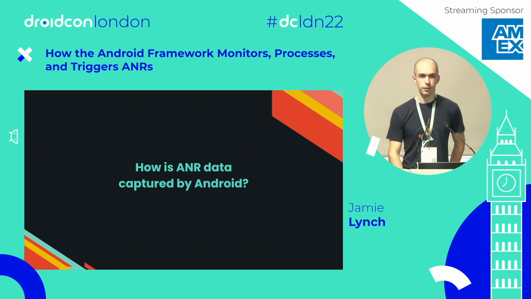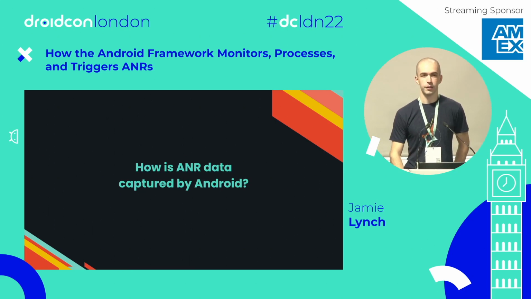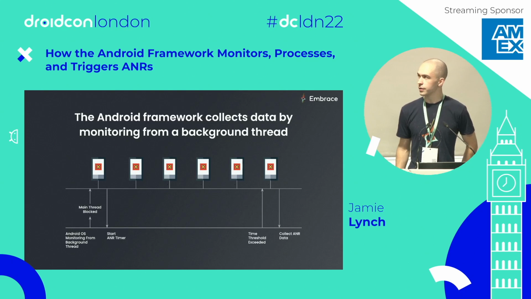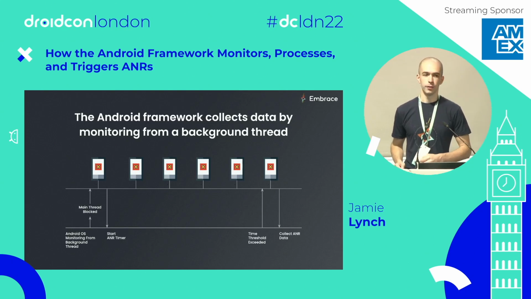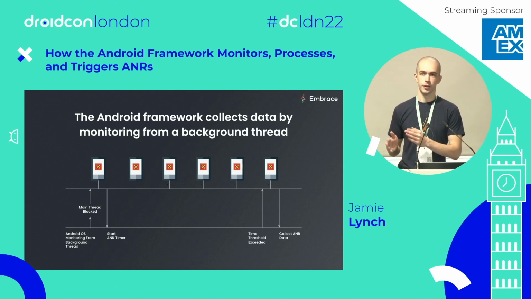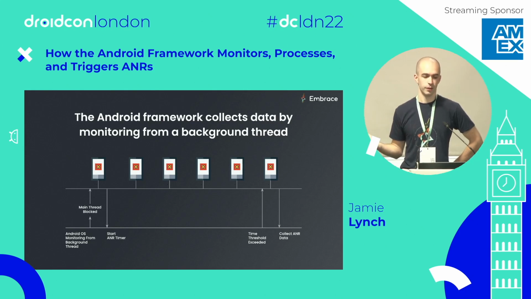So let's go over a little bit about how ANR data is actually captured by the Android OS. This is kind of a high-level principle that applies to most of the components in Android. That's services, activities, etc. But essentially, the Android OS always monitors the main thread from a background thread as soon as a component has work scheduled.